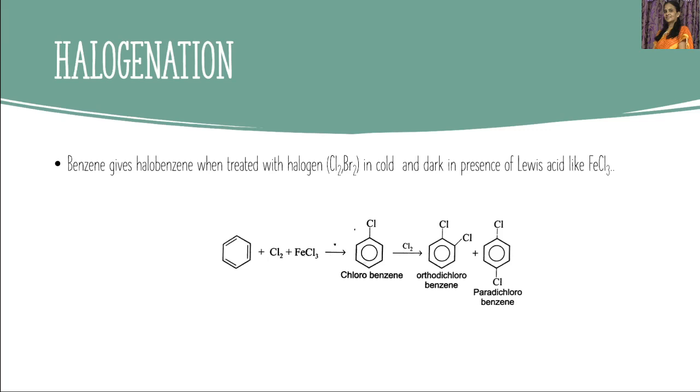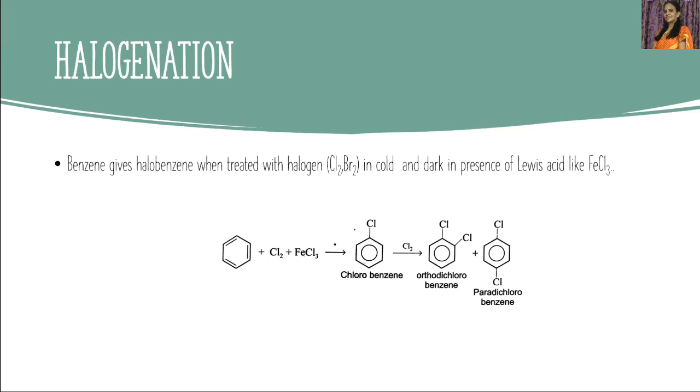This is nothing but substitution of one of the hydrogen atoms of benzene with any one of the halogens like chlorine or bromine generally. So benzene gives halobenzene when heated with halogens like chlorine or bromine in cold and dark in presence of a Lewis acid like FeCl3. So a Lewis acid like FeCl3 is used as a catalyst.